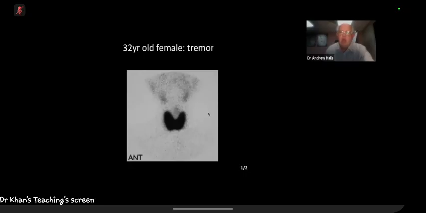That's good. And what's this bit here? I'm not sure. Well, that's a pyramidal lobe. Quite often in Graves' disease, you get a pyramidal lobe taking up some pertechnetate or iodine.